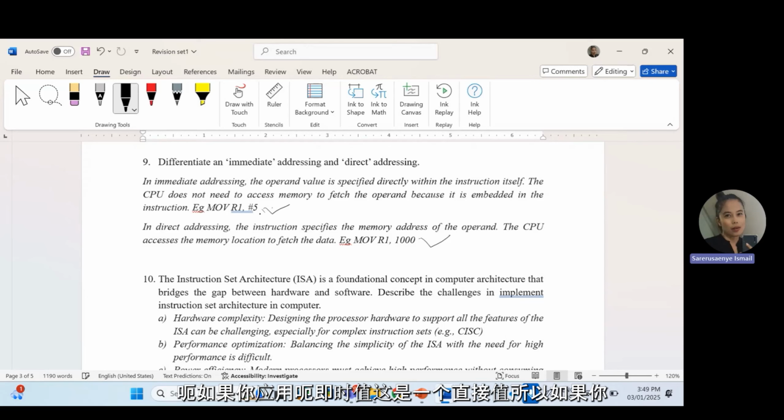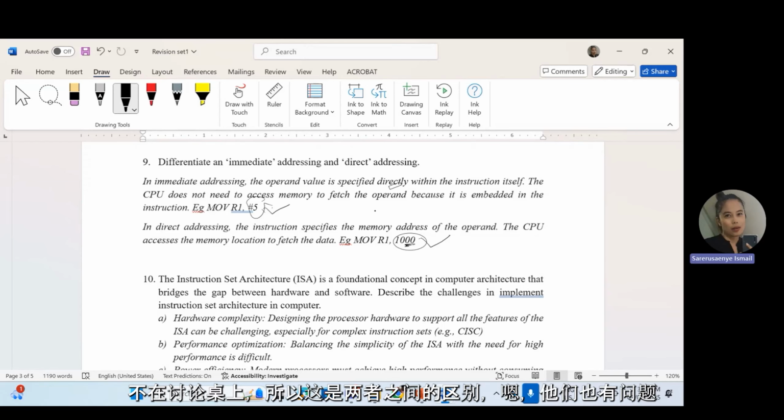So what is the difference? As you can see here, the difference is that this value has a hashtag, and this has no hashtag in front of the digit. Basically, this specifies a direct value, like load opcode number 2 just now, which takes the value directly. But if we talk about a direct address, it is like load opcode number 1 just now in the description table. This is the difference between these two.